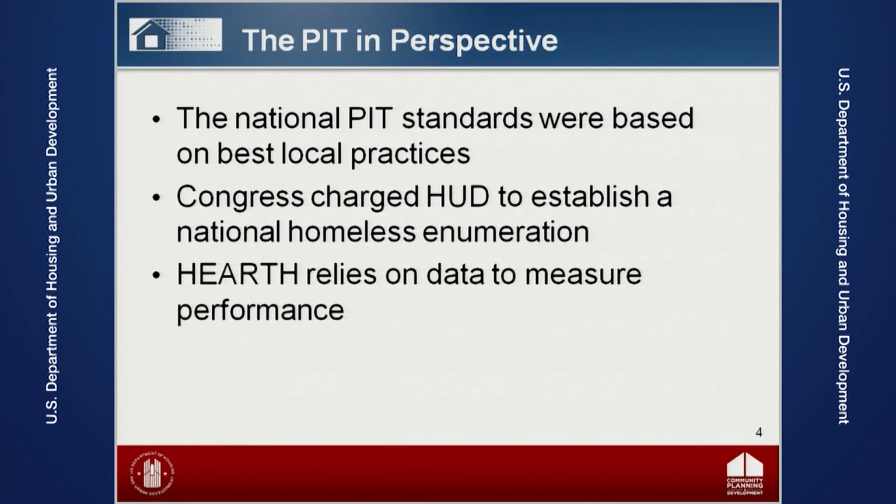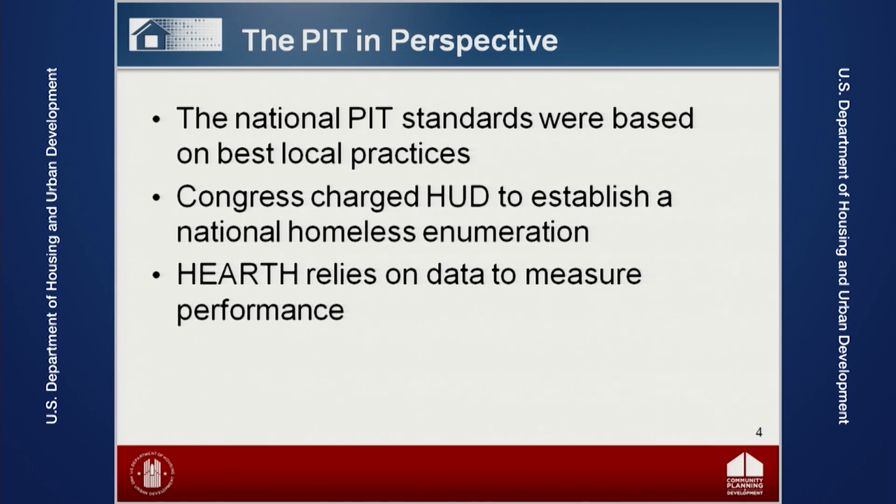The next big push for better data came in 2001 when Congress mandated HUD to help communities obtain quality information on the nature and extent of homelessness for both local and national planning. This resulted in new PIT standards for the timing of the count and the quality of the estimates.